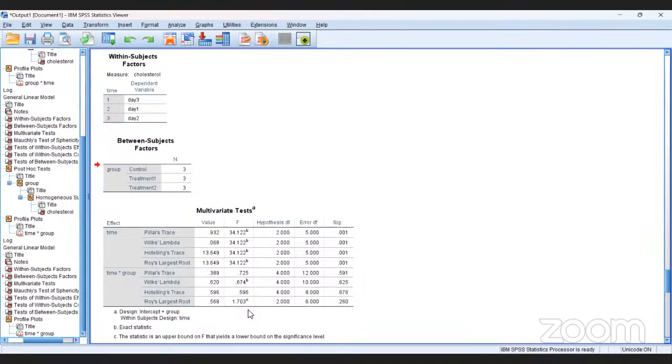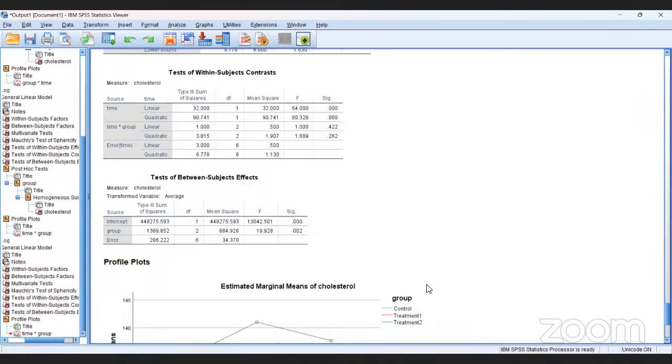Next is test of between subject effects, and again you will find significant difference is there, 0.002. Okay.